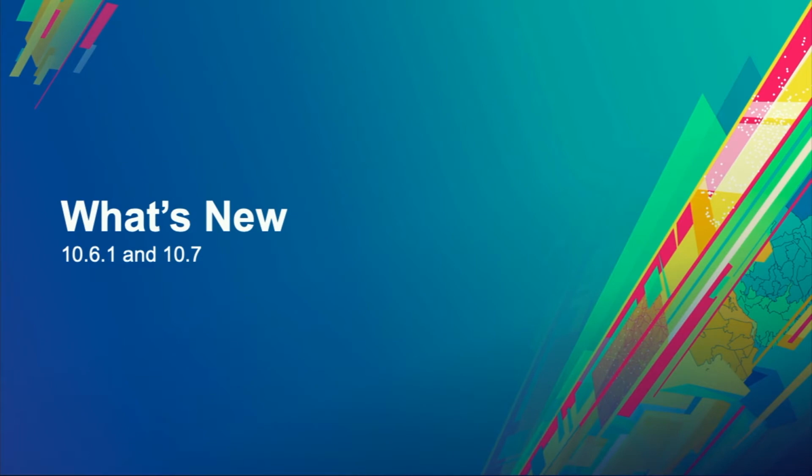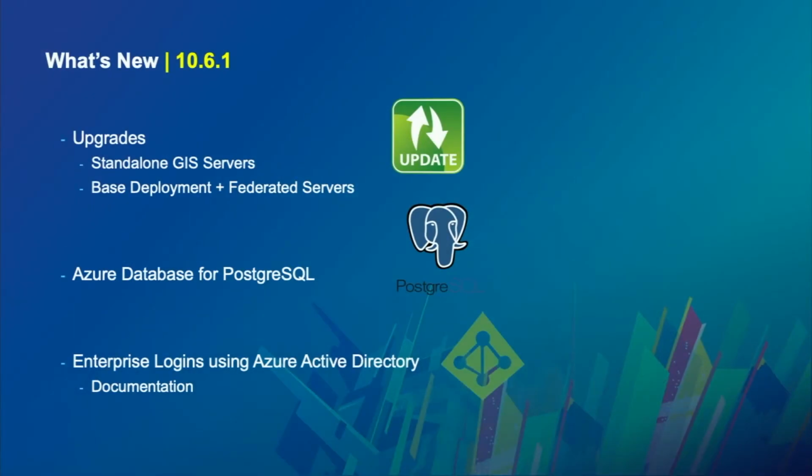Before I dive into a demo, I just want to highlight some of the new features that were made available in the last two releases of ArcGIS Enterprise. At 10.6.1, we added support for upgrades. So basically one-click upgrades, if you will, where right within Cloud Builder, you can choose to upgrade your entire site and all its deployments from a prior version to the latest version. This includes not just your base deployment and federated servers, but even standalone GIS servers as well.